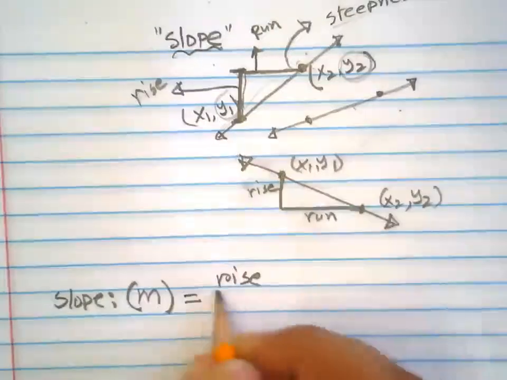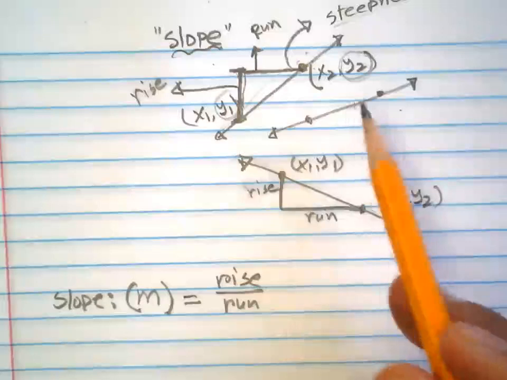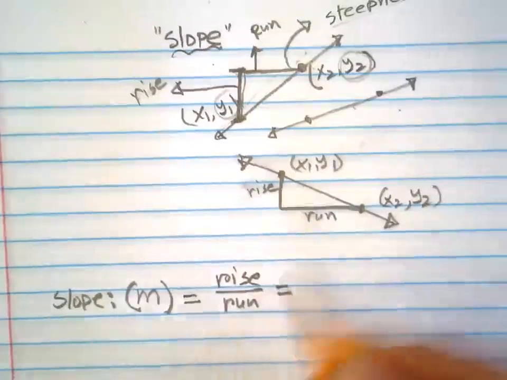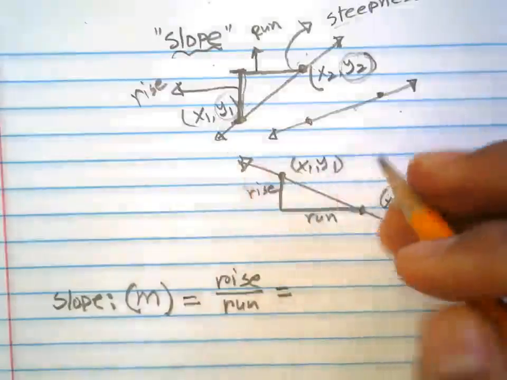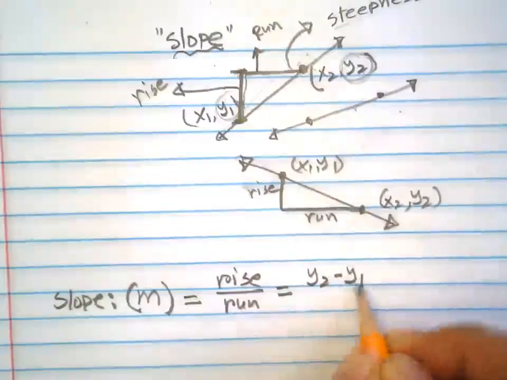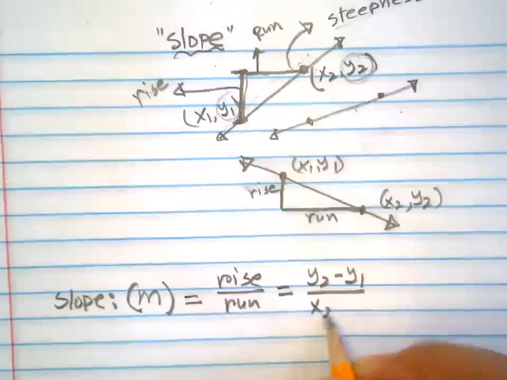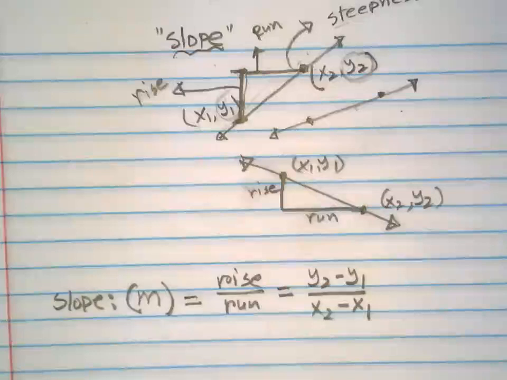Rise means the difference between the y coordinates of two points, so m equals y2 minus y1 over x2 minus x1. This is the formula of a slope.